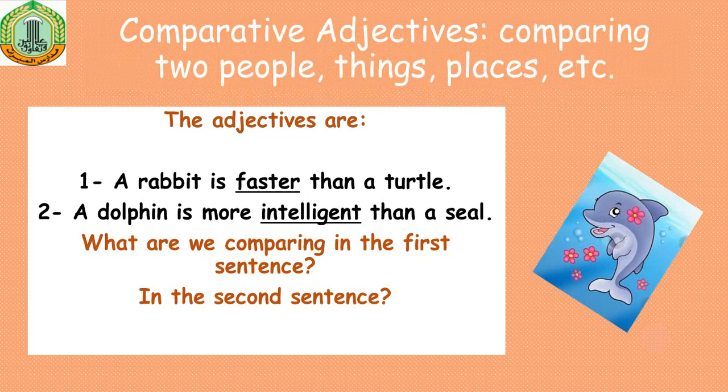These are called comparative adjectives, used for comparing two people, things, places, etc. Faster than, more intelligent than. We are comparing rabbit to turtle, two animals. Dolphin, seal, two animals. Comparative adjectives compare two people, things, or places.